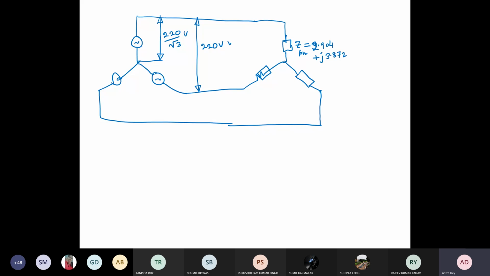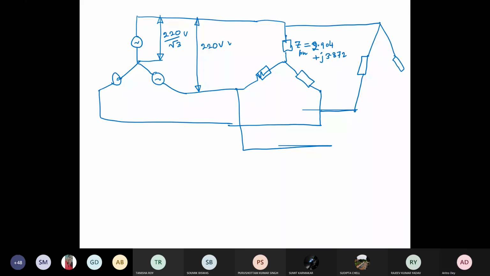On top of that, there is another load connected in parallel in delta. So either we can convert this into delta and then solve, since delta means it is 220 volt, that we can get easily. So that is one approach. Another approach is this delta, which is given.